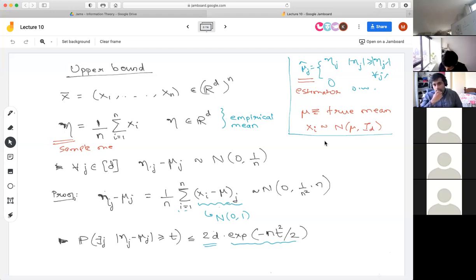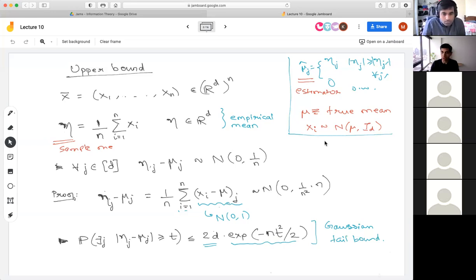This is just the tail bound for Gaussians. You can estimate the integral once you know the Gaussian density, and you can calculate that the integral above t can be bounded by this quantity. And this is a union bound over d coordinates. Right? So this we're going to use. Any questions before we proceed with this?